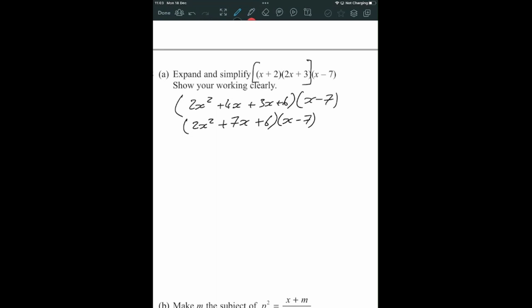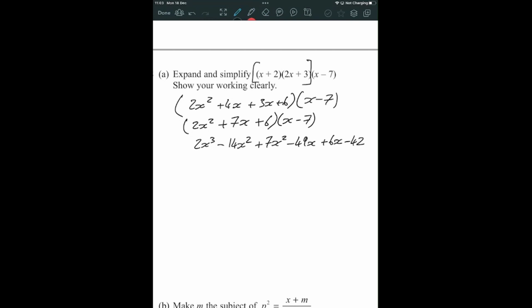And now let's expand out with the x minus 7, times in everything in the first bracket by everything in the second bracket. I'm going to start with the 2x squared times each of them, then the 7x times each of them, and finally the 6 times each of them.